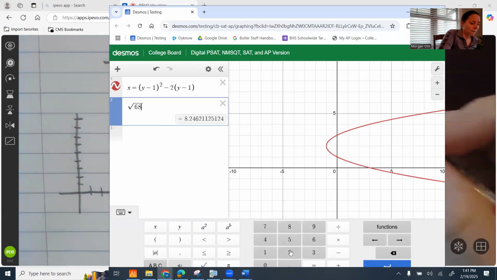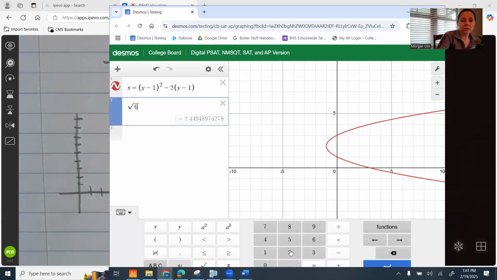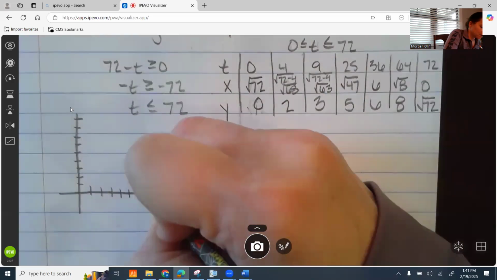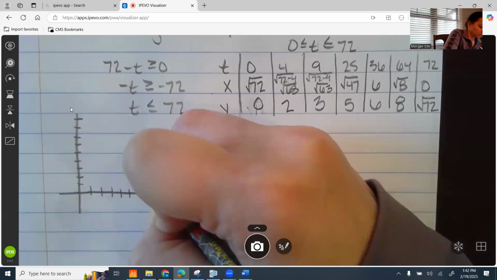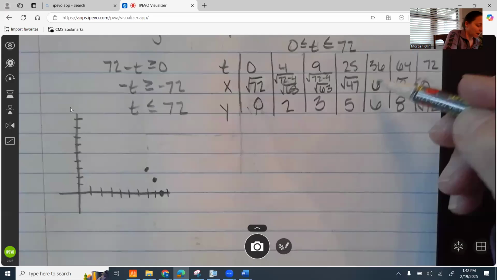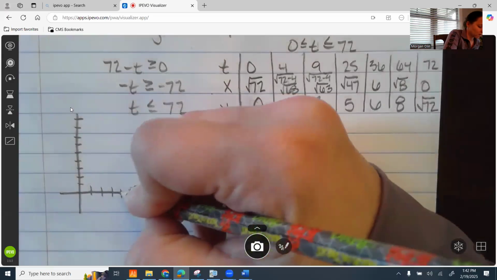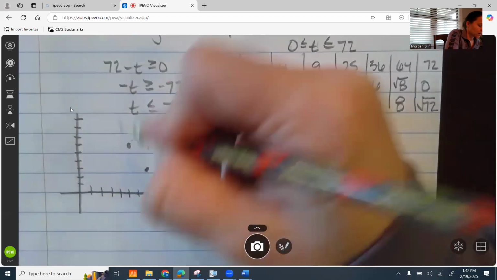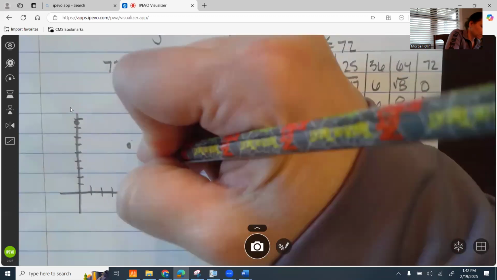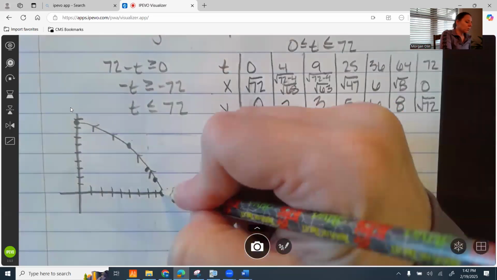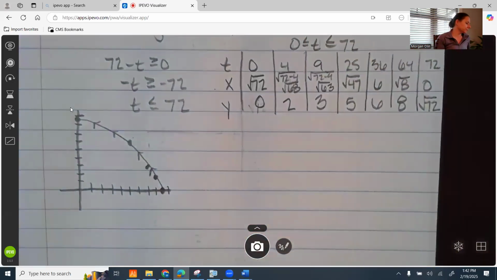The square root of 63, I'm just plotting as 7.9. And so it keeps going like this, ultimately ending with this point. We want to know the length from here to here.